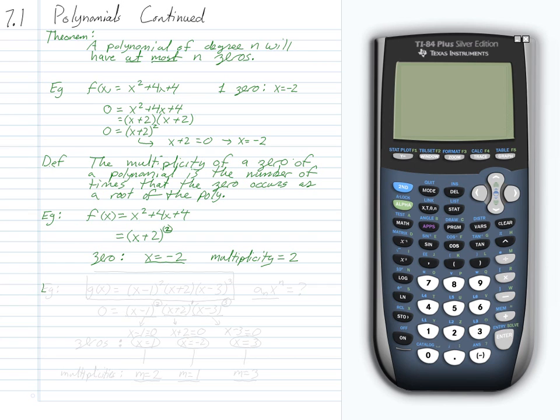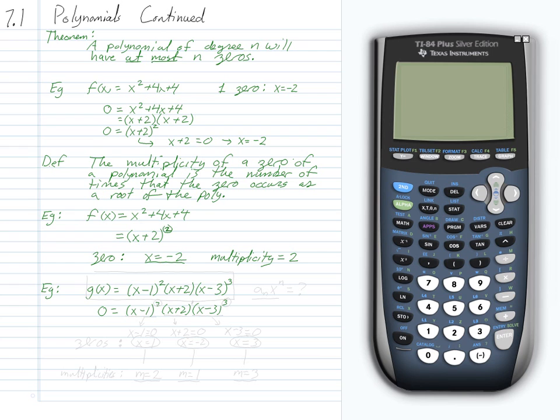So a little bit more complicated example. Say g of x equals x minus 1 quantity squared, x plus 2, x minus 3 quantity cubed. So if you were to multiply this whole polynomial out, you would see that it is a 6th degree polynomial, and I will explain why I know that in just a moment. So at the moment, it's in factored form, so if I were to set this polynomial equal to 0, then each one of these factors being 0 would satisfy this equation.